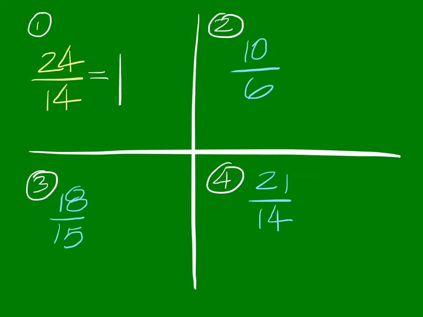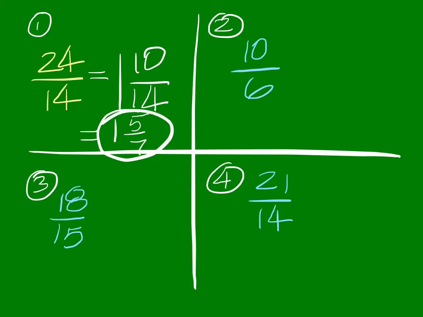It goes in once, with how many left over? 10. And it goes over what? 14. 10 over 14 reduces to what? 5 over 7. So the final answer is 1 5/7.